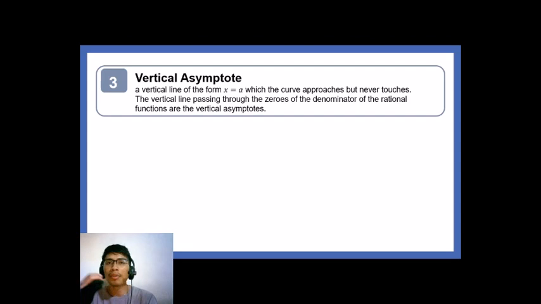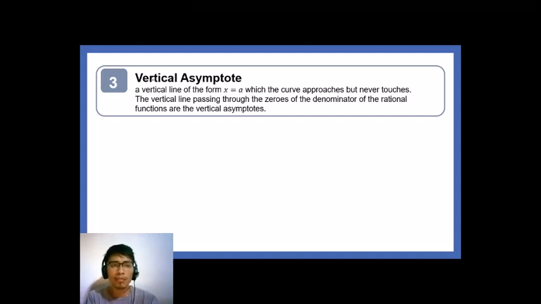It is really a backbone for rational functions, because once you fail to understand asymptote, basically you fail the entire concept of rational function, most especially once we are graphing it and representing it through graphs.